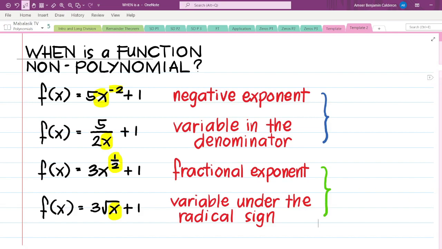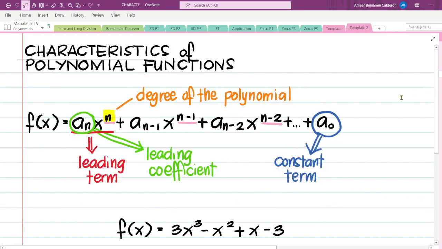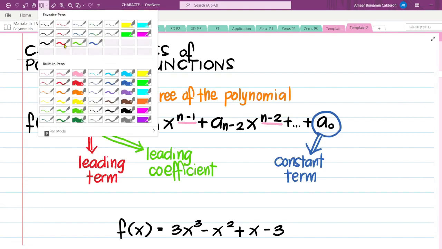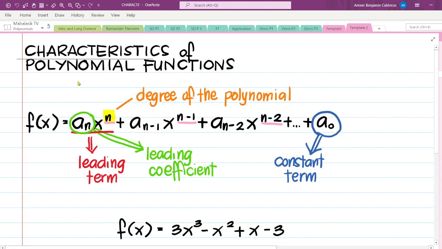Now, what are the different characteristics of polynomial functions? This is the complex notation of a polynomial function, and we have labels to identify the characteristics. Firstly, the degree of the polynomial. We should always keep in mind that this notation is a polynomial function in standard form.